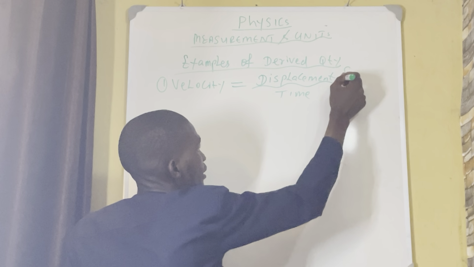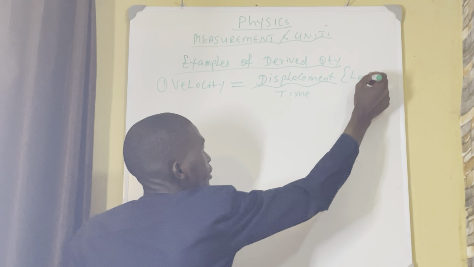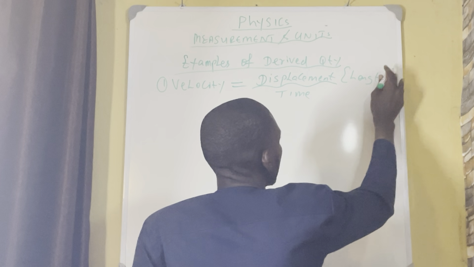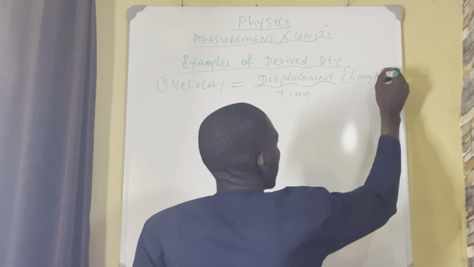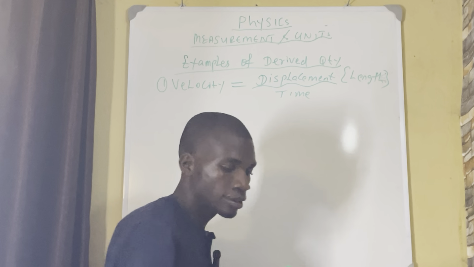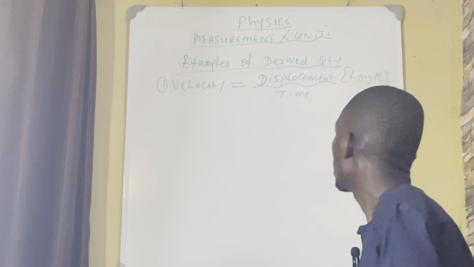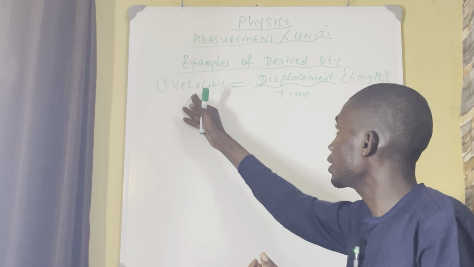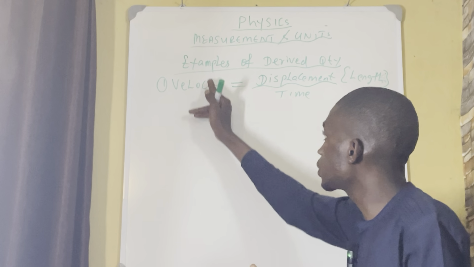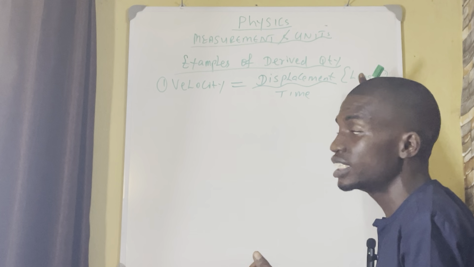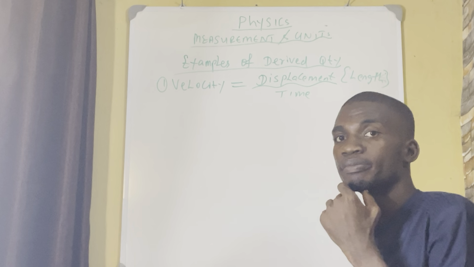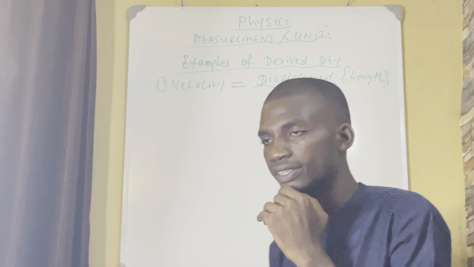The displacement is all about length. Now look at the board. Are you not seeing that this one, you got from the fundamental quantities, meaning the fundamental quantities, length and what? Time. Do you understand?